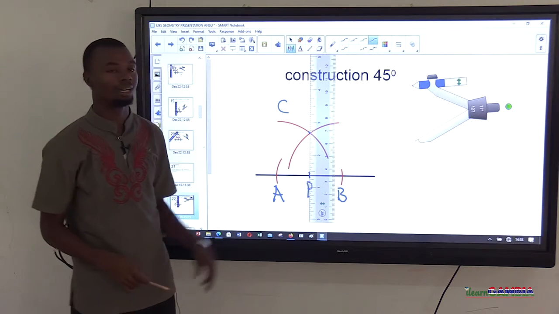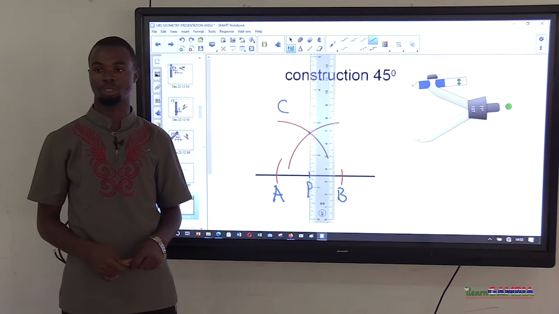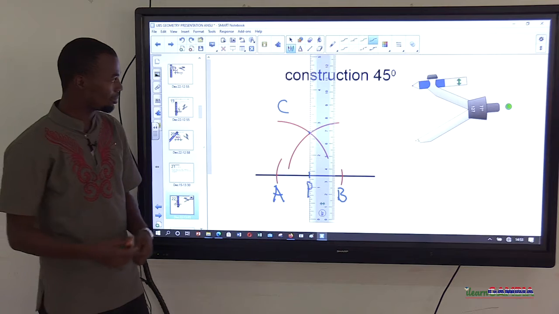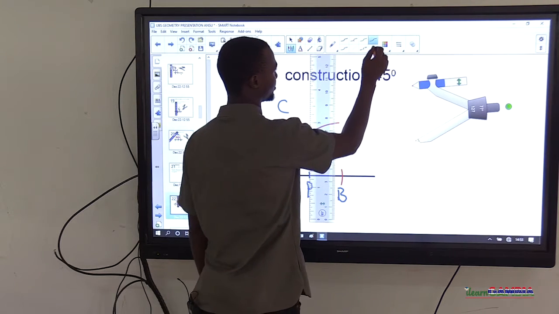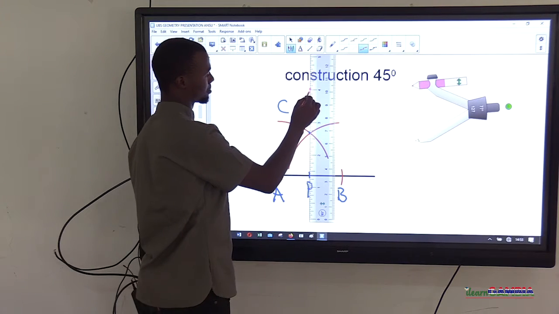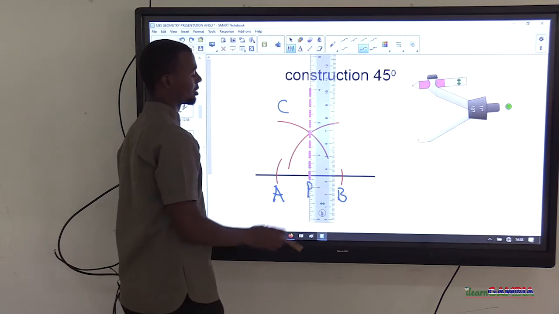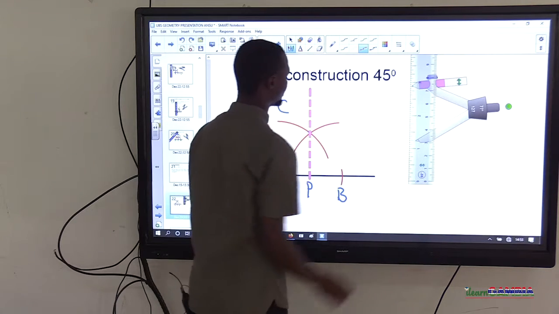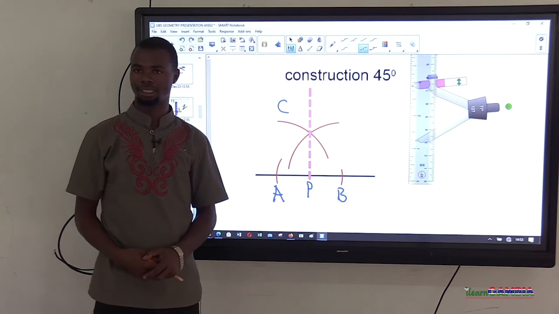It's not the required angle that we are asked to construct, but it will help us to get the angle we want. So we use a broken line to draw that. So that angle here is 90 degrees.